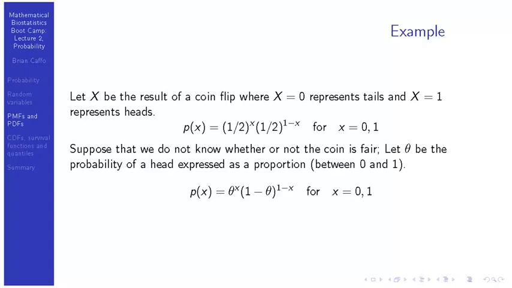I also want to note one other thing. Among all the possible ways that we could have written out this probability mass function, why did we choose theta to the x times 1 minus theta to the 1 minus x? There's lots of different ways we could have done this. You can try and figure some of them out yourself. Well, it turns out, and we'll discuss this at length, that in probability, multiplying is very useful. And so we want probability mass functions that make multiplication very easy.